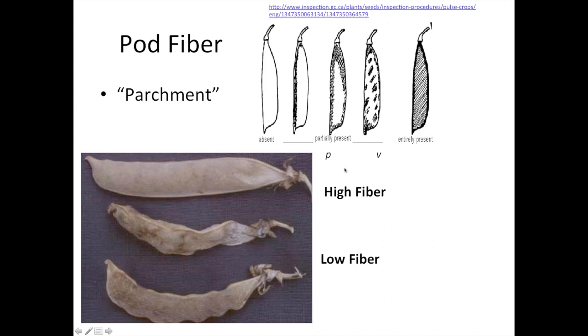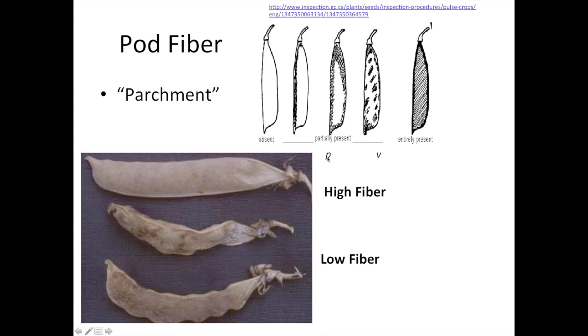There are two genes that control the expression of pod fiber. When they're present in the dominant form, you get fiber entirely present. If you're recessive at the V locus, you get little patches of fiber distributed throughout the pod.